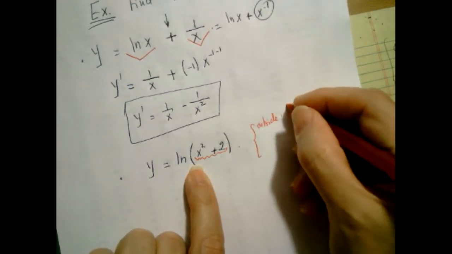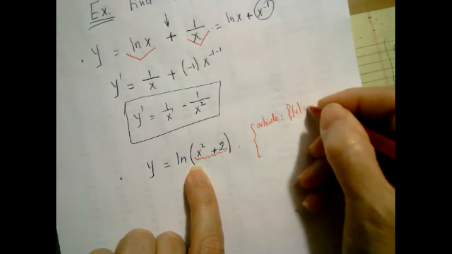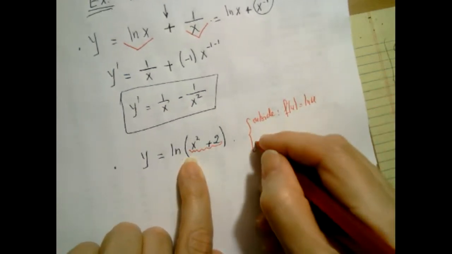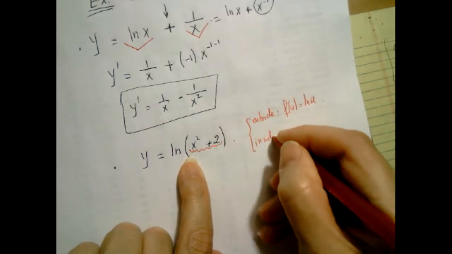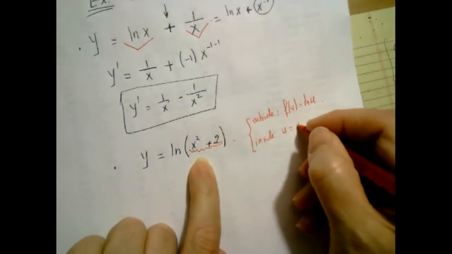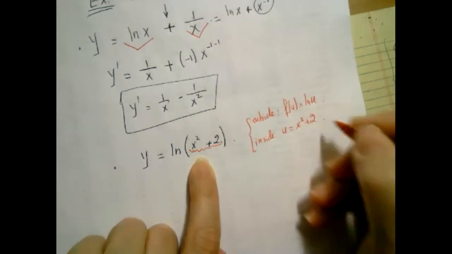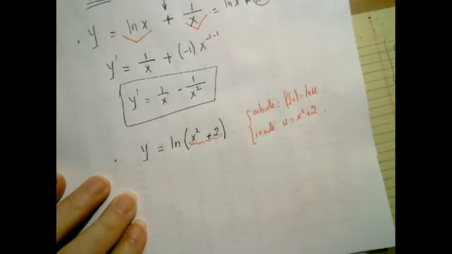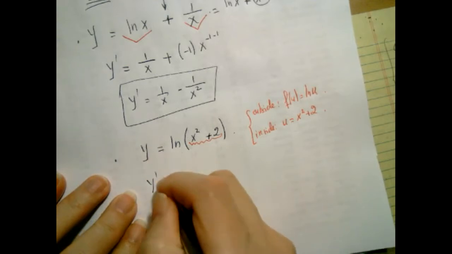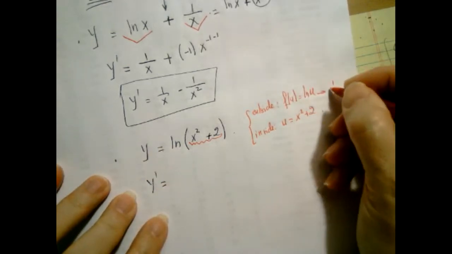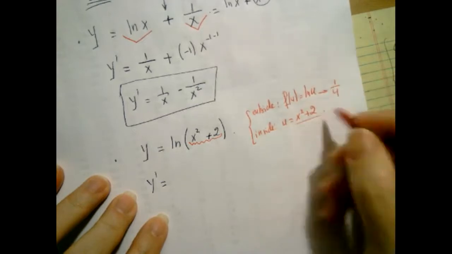So outside is f of u equal ln of u. Now what is the inside? That's my inside. It's x squared plus 2. So what's going to be the derivative? The derivative of the outside is 1 over u, but evaluated at the inside.